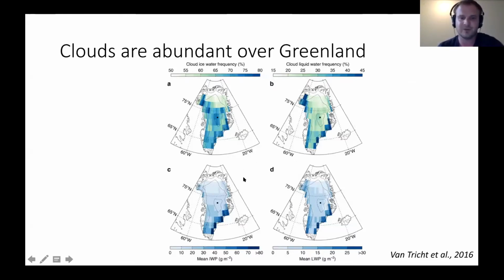And if you look at the water path, which is basically the vertically integrated amount of ice here on the left and water on the right, you can see that there is ice and water in the clouds over all of the Greenland ice sheet, and most clearly in the regions where the precipitation is highest, in the southeast.